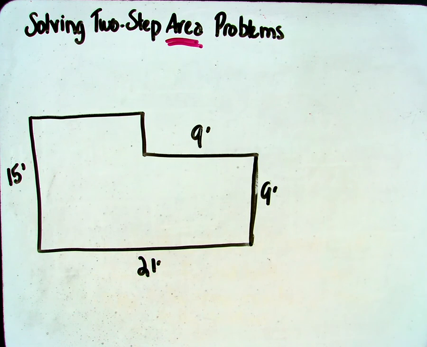The first two things that you need to do is determine, do you have all the measurements of the sides? And then, how are you going to divide this geometric shape into something that you recognize?